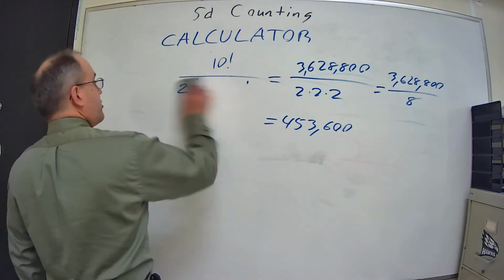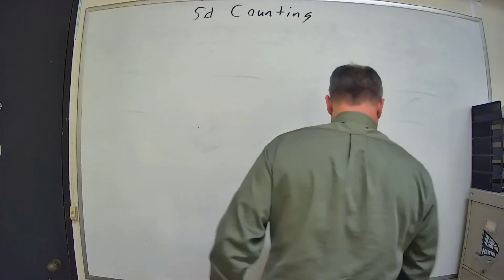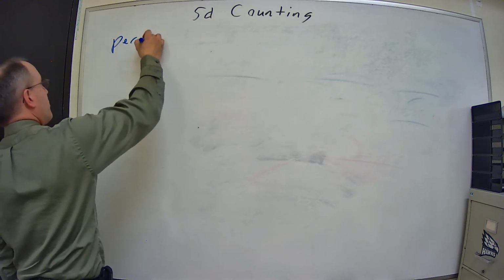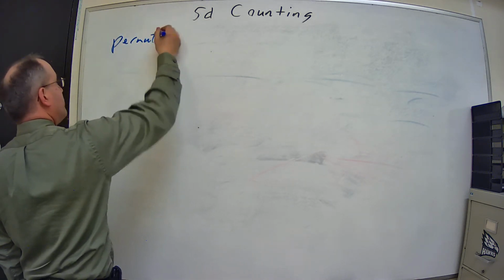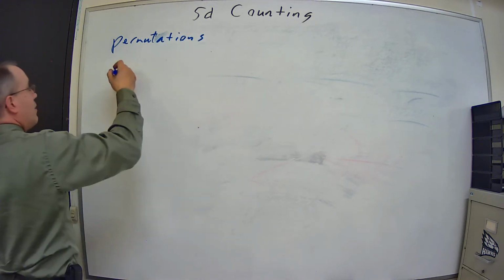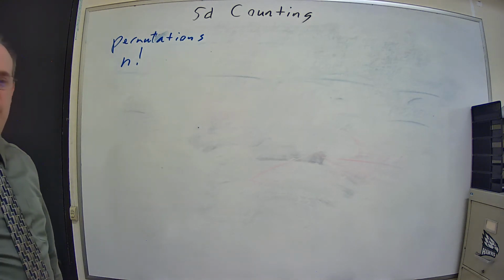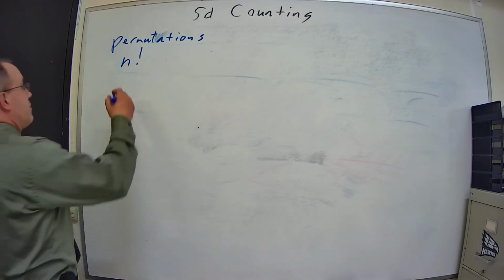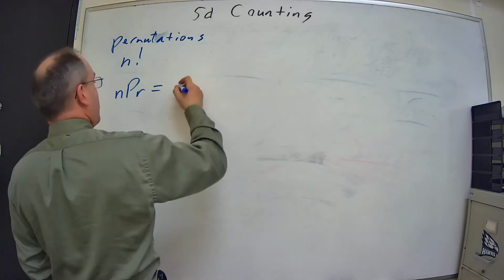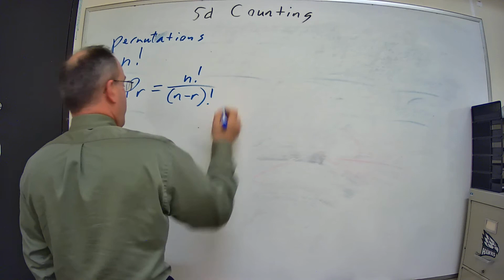So that's permutations. So let's just do a little recap here of permutations. So permutations: n factorial, how many ways to rearrange n items. nPr is equal to n factorial over n minus r factorial.